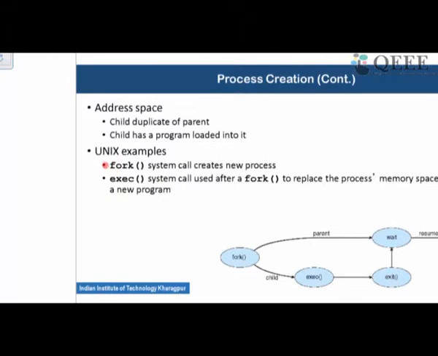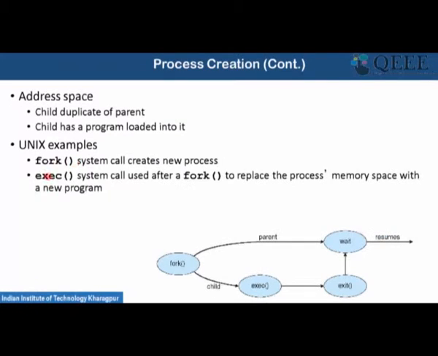Okay. So in a Unix based system, the fork system call creates a new child process, and the exec system call is used after the fork call to replace the process memory space of the child with a new program.